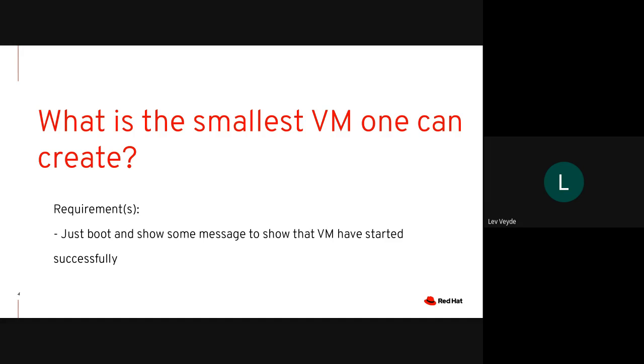And he didn't want to use anything like a regular operating system because it was simply too large. He basically had only one requirement in the beginning: to have a VM that just starts and shows some message, to show us that the operation succeeded, the VM started, it operates, all good.